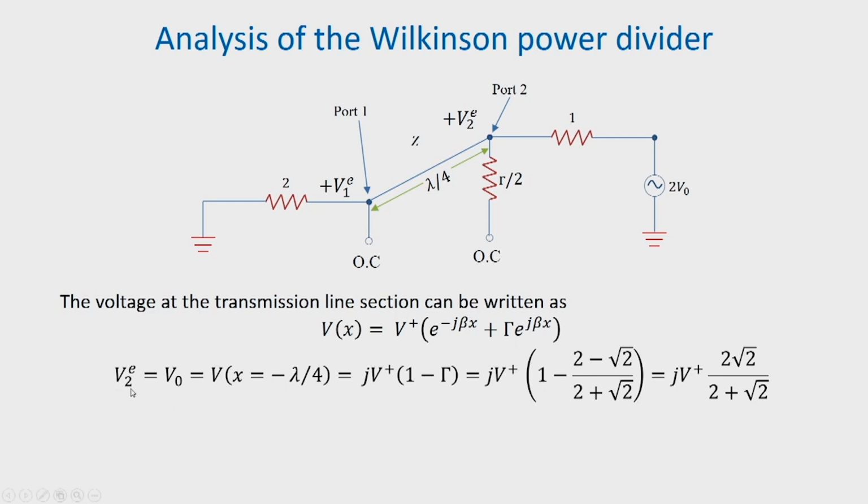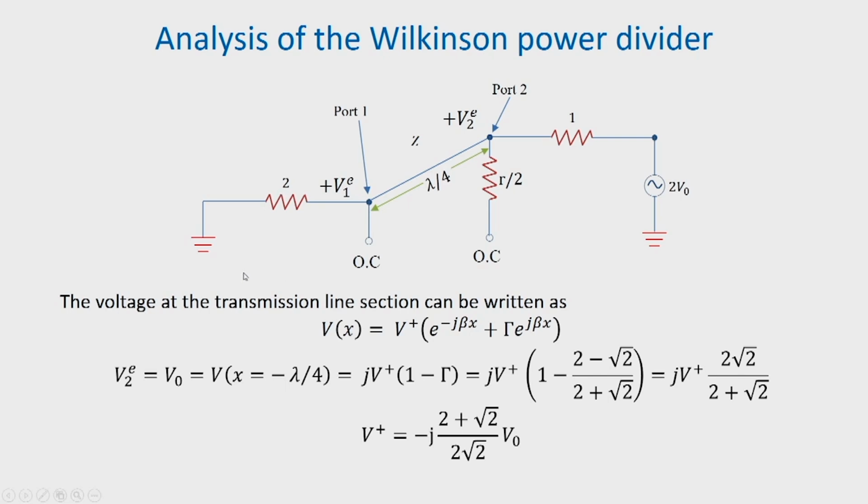Then V2^E, which is equal to V naught, also becomes equal to j V plus into 2 root 2 divided by 2 plus root 2. So, from here we can find out V plus, and therefore, V plus will be minus j into 2 plus root 2 divided by 2 root 2 V naught.